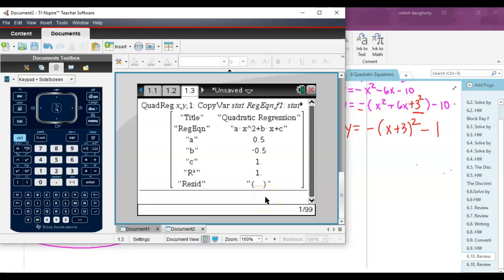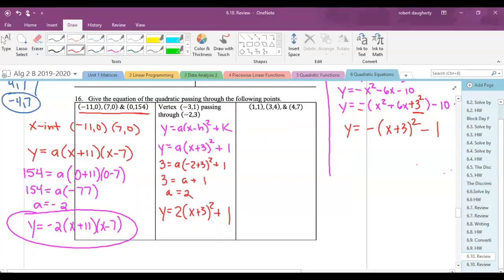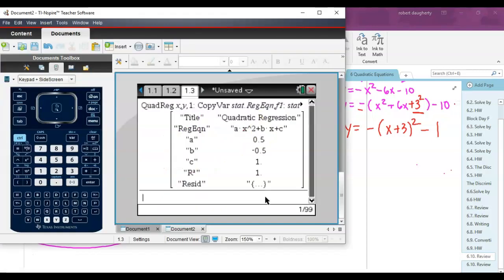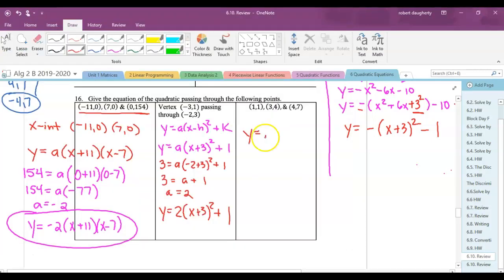So there they give us, it's a is equal to 0.5, b is negative 0.5, and c is 1. So this equation is ax squared plus bx plus c, so it's 0.5x squared minus 0.5x plus 1, or you could write it as 1/2 x squared minus 1/2 x plus 1, okay?